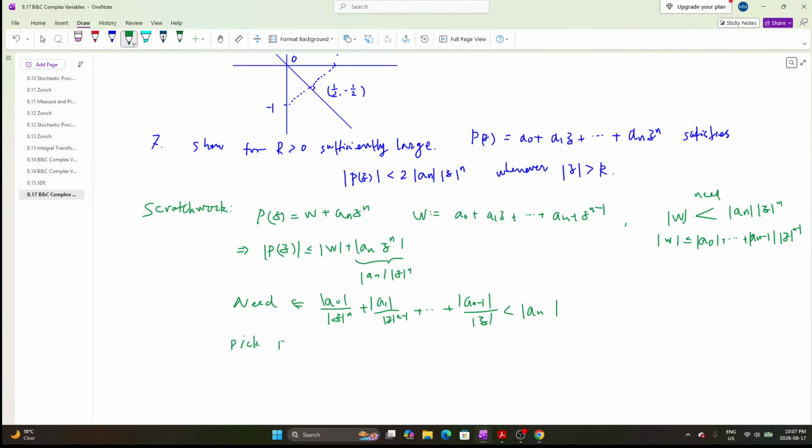r positive so that each term on the left hand side, which has a nice pattern going on, is a_k, the absolute value over the modulus of z to the m minus k.